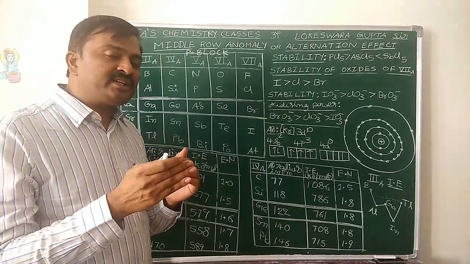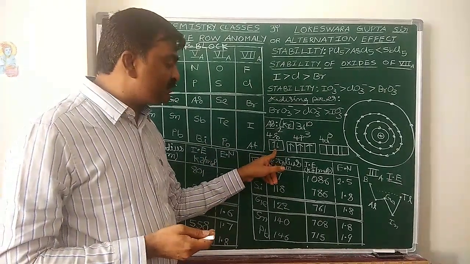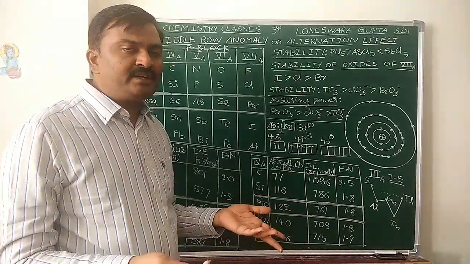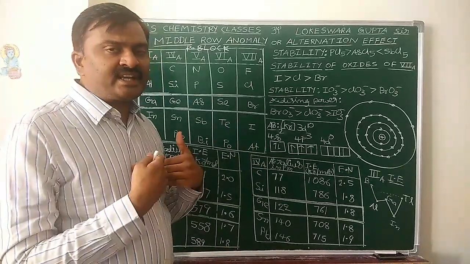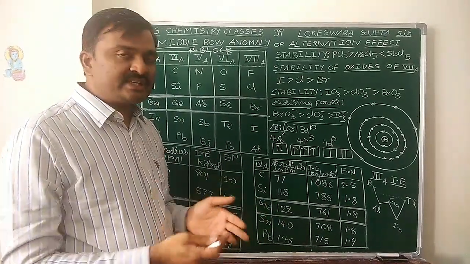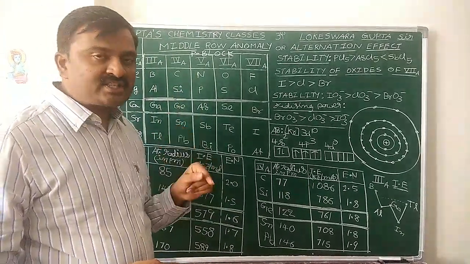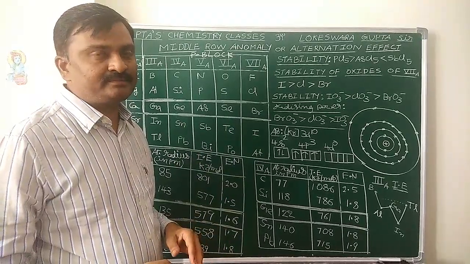Why are they less stable in higher valency? Higher valency is possible if a 4s electron jumps to 4d. But for jumping, nucleus attraction over the 4s electrons is more now, so they cannot jump easily. So that's why fourth period elements of the p block are less stable in their higher valency.